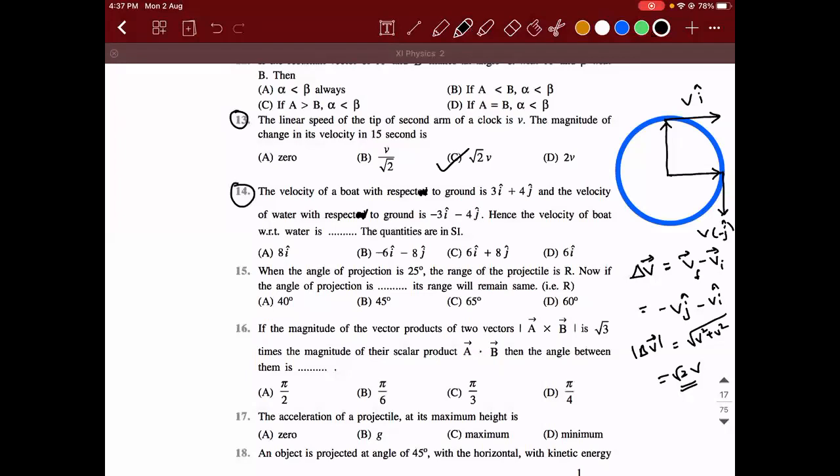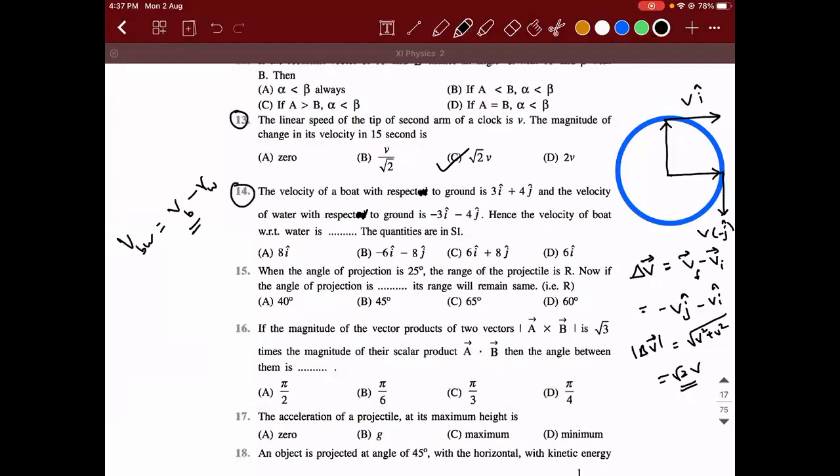By looking at the question, you can tell the answer. So velocity of boat with respect to water is velocity of boat minus velocity of water. So what will be the answer? Basic subtraction of vectors, guys.